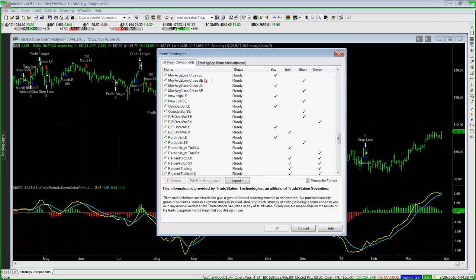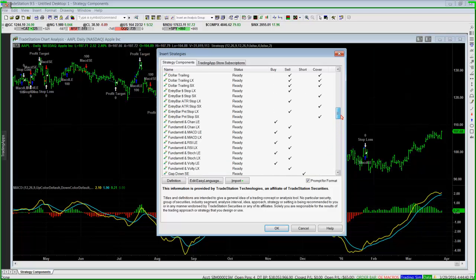So for example, LE stands for long entry, SE stands for short entry, LX stands for a long exit, and SX for a short exit. So those are the four building blocks we talked about before, and we can mix and match any idea into a strategy that we backtest.